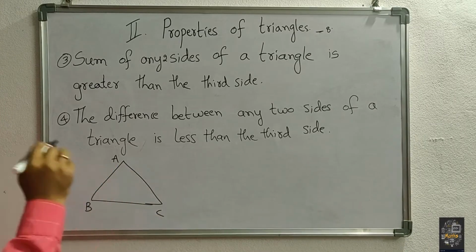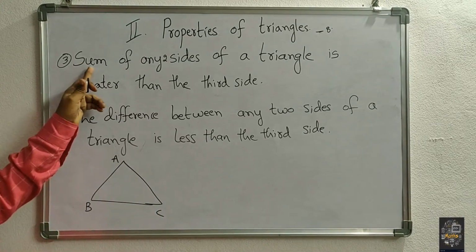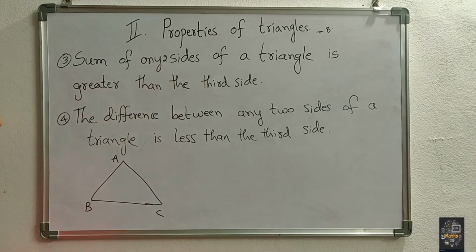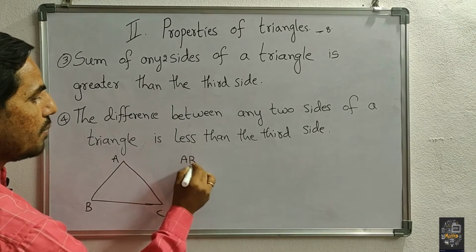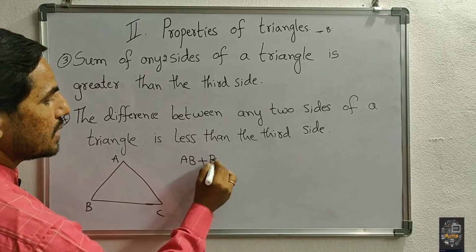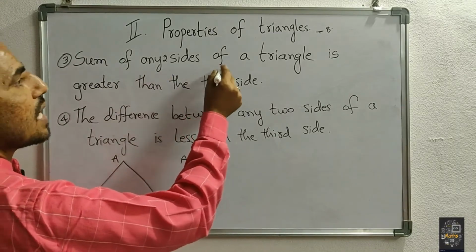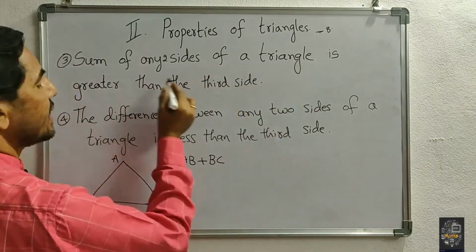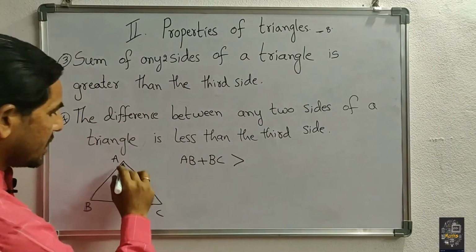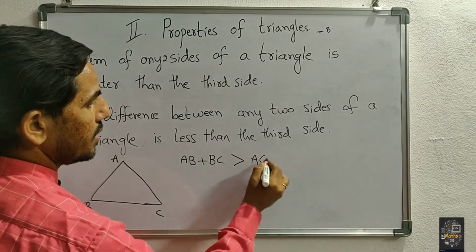What is the condition? Sum of any two sides. For example, I am taking AB plus BC. I will write here AB side plus BC side. What is given? The sum of any two sides of a triangle is greater than the third side, that is AC.